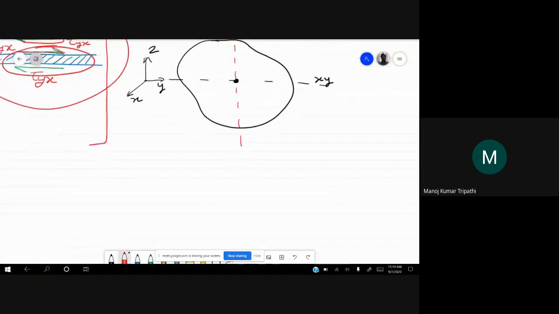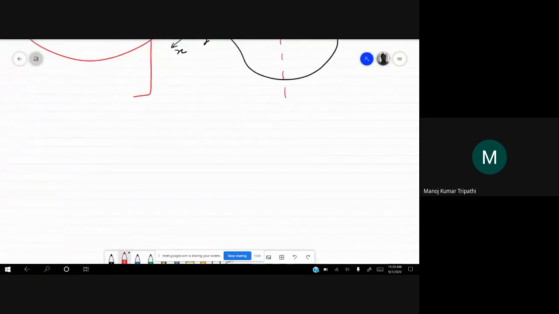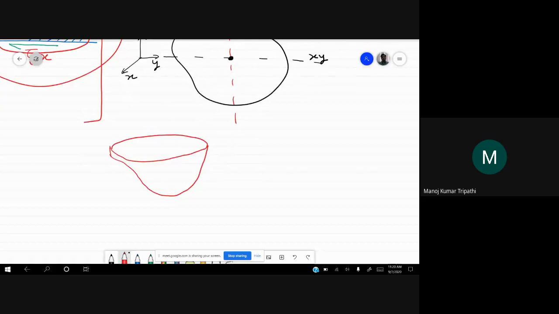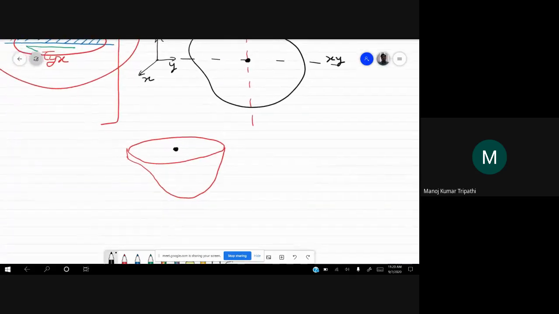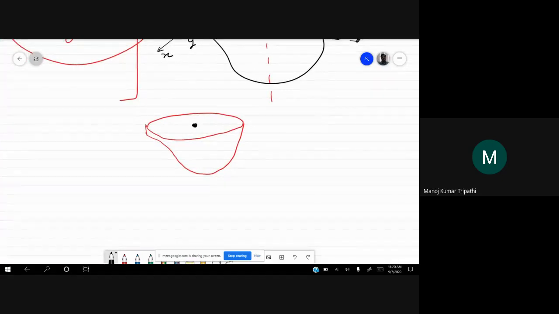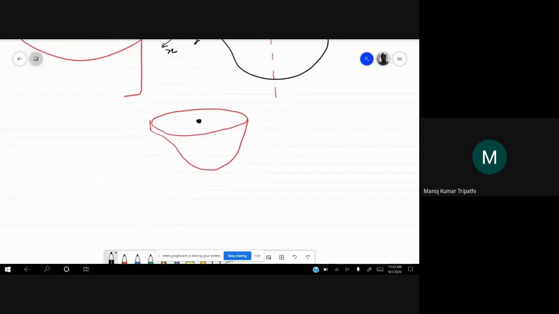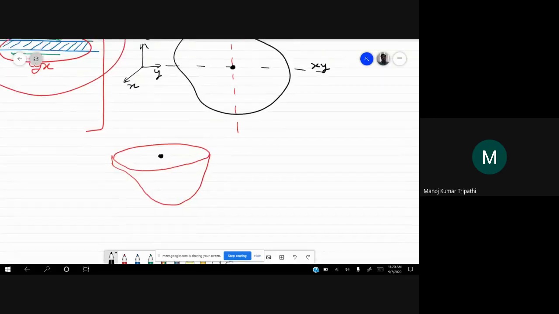So first let us take the xy plane. Like that. So I've sliced it in the xy direction, and this is my point where I wanted to find the stress. Okay, I hope you can imagine this. We have cut it horizontally. So this is our surface area now, and there are some forces acting on this body.